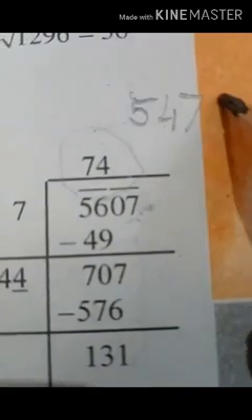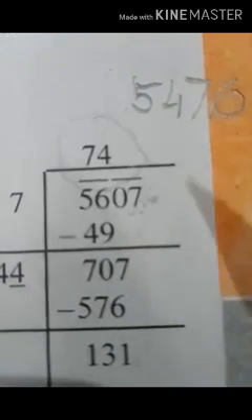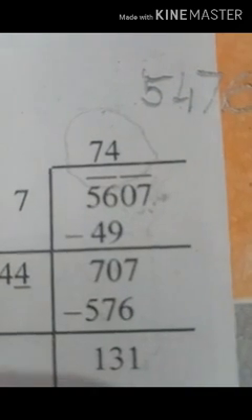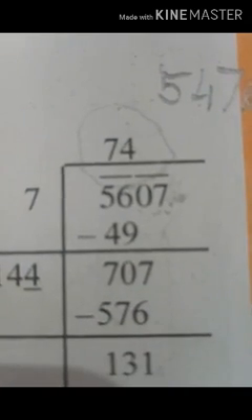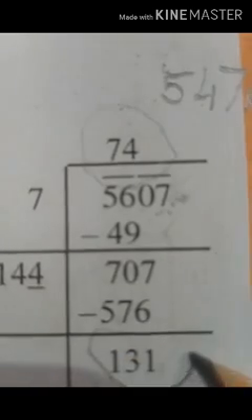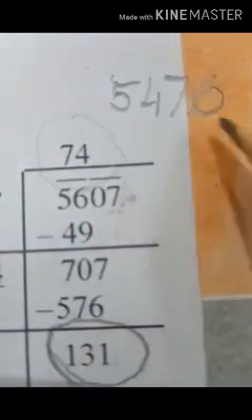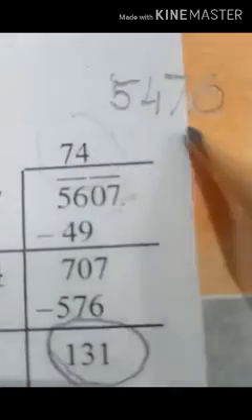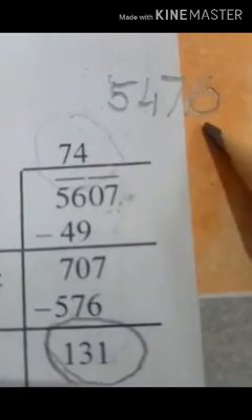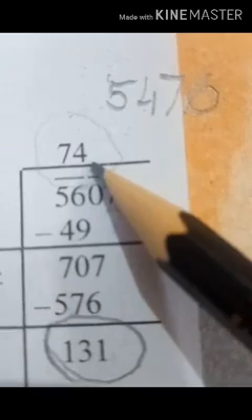When will you get 5476? When you subtract this remainder 131 from the given number, you will get 5476, and 5476 is a perfect square number and its square root is 74.